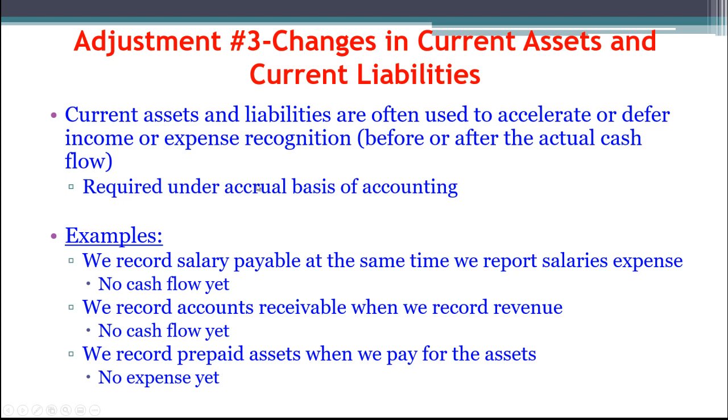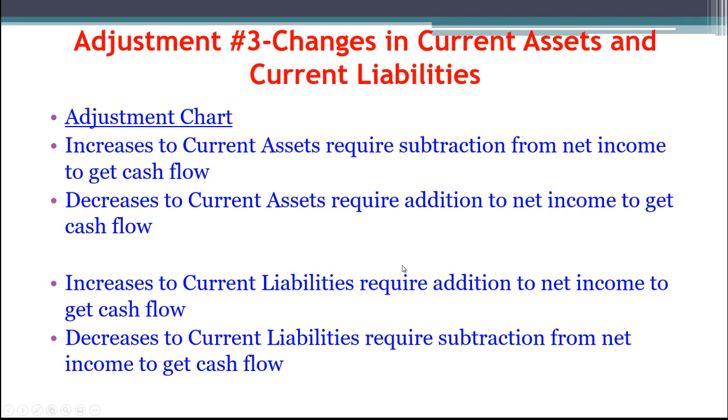So we take a look at these changes. These are just 3 out of many examples of current assets and current liabilities. We take a look at how they've changed, and we try to figure out what does that mean as far as the cash flow. Is more cash coming in? Is more cash going out than what was recorded on the income statement?